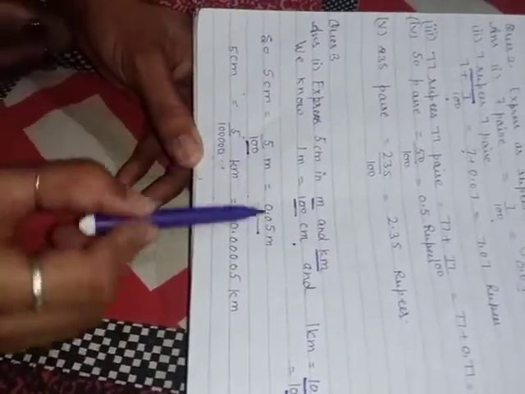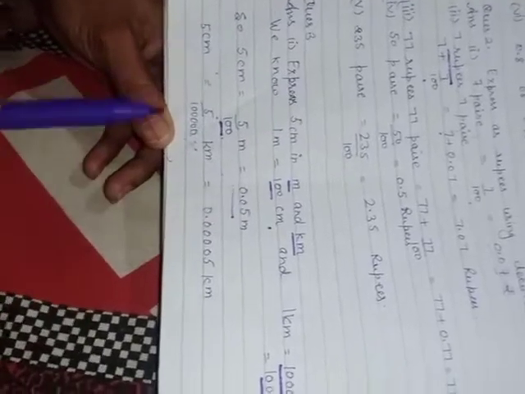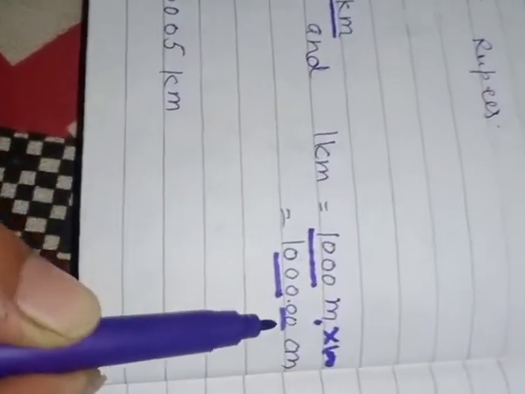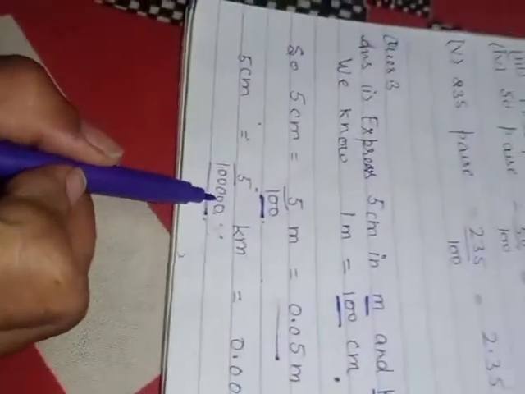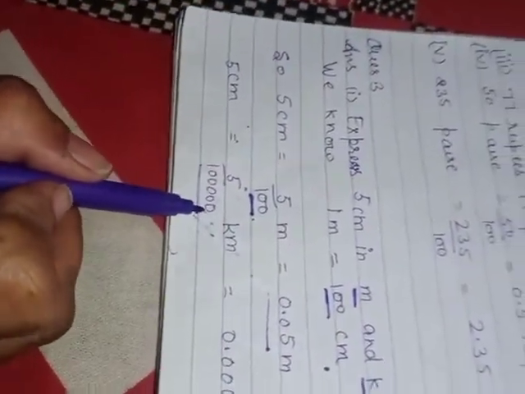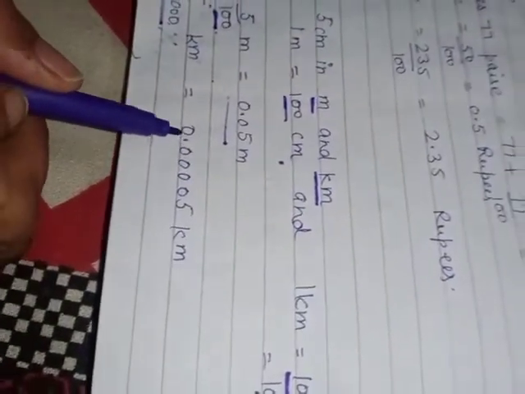There are 2 zeros, so leave the 2 digits and put a decimal point. Then next is the 5 centimeter, and there are 5 zeros, that means 1 lakh, so divide it with the 1 lakh. You get 5 digits, so leave the 5 digits, 1 2 3 4 5, and put the decimal point there.